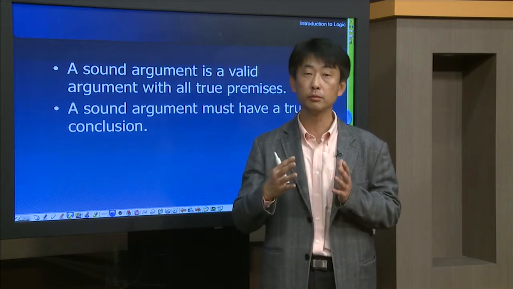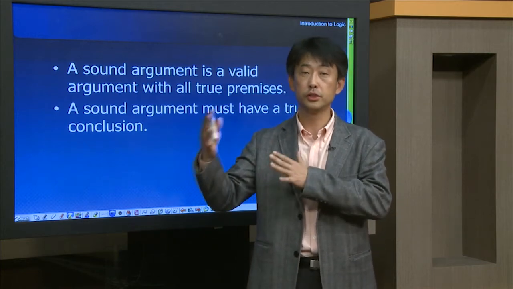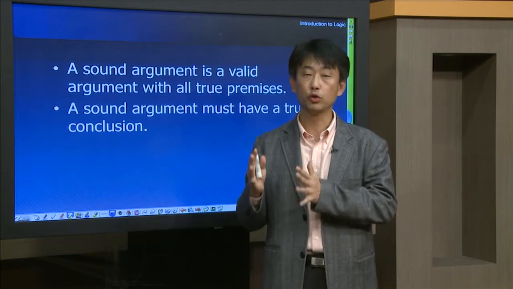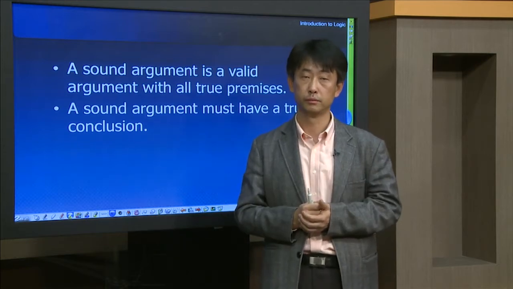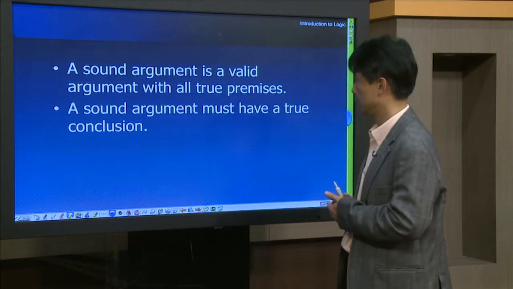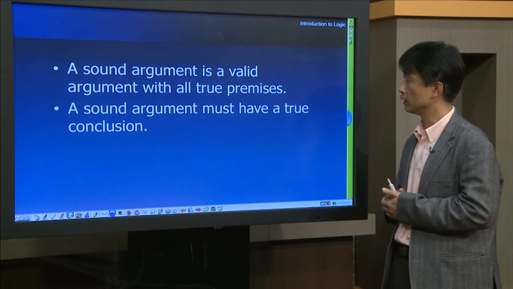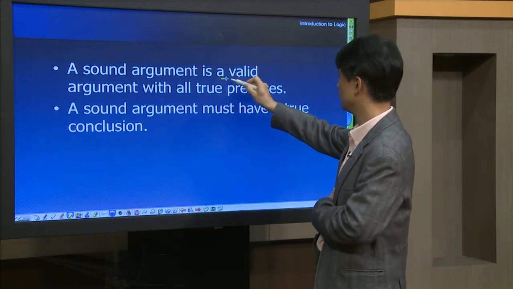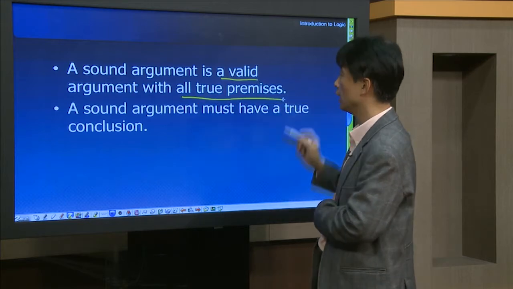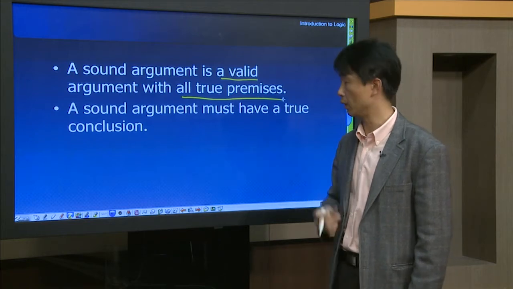Okay? A sound argument is a valid argument plus an additional condition. That is, the premises have to be actually true. Only in that case is an argument sound. So a sound argument is a valid argument and has all true premises. These two conditions must be satisfied for an argument to be sound.